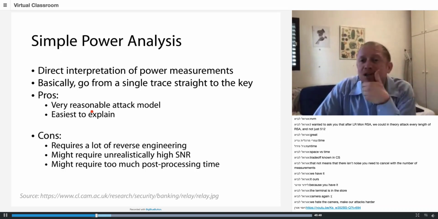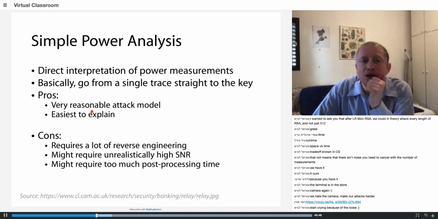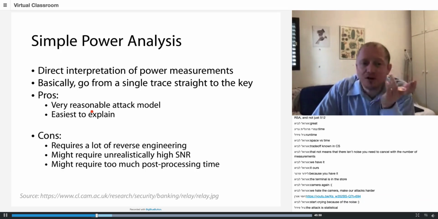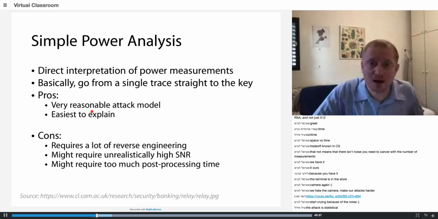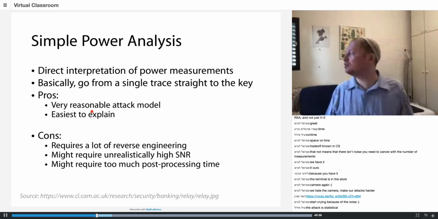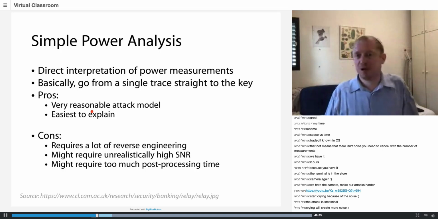Why would it be the wrong key, by the way? Why did my machine break? Yeah, there was noise. I'll try to cover a little bit about the noise later. But there was noise, so the machine thought that there was a 4 and there was a 5. So what do I do?